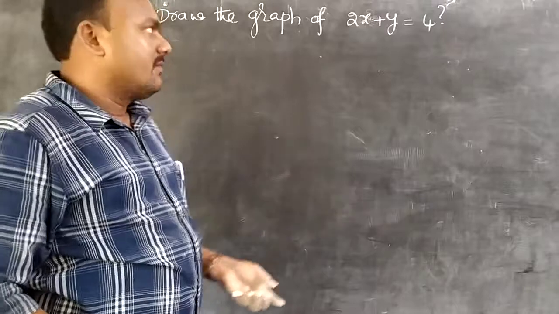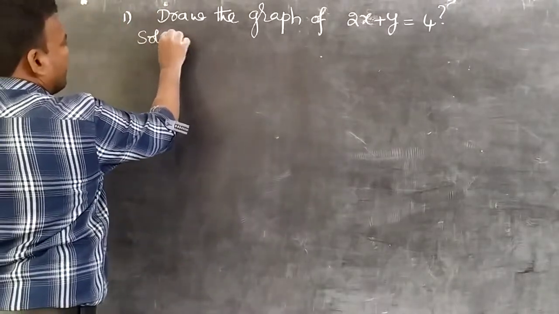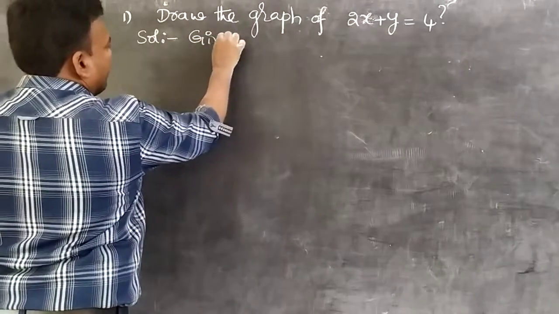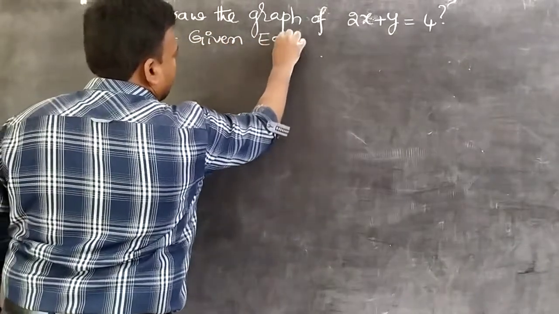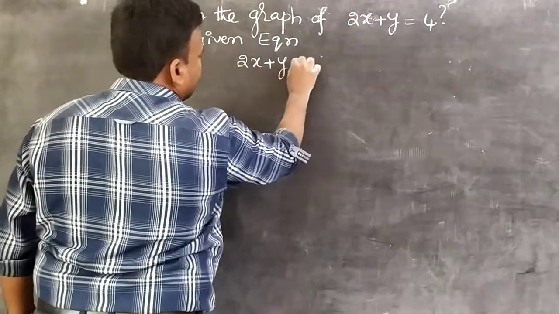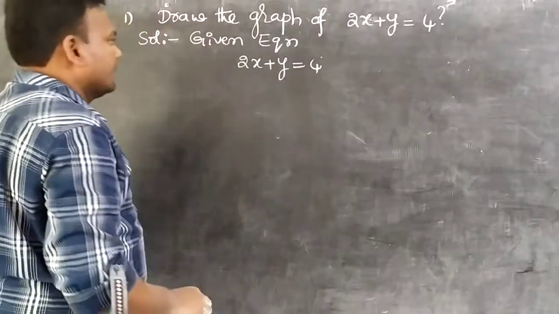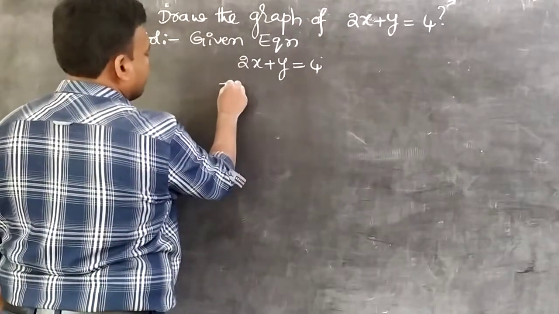We draw here only. First of all, observe how to approach the solution. The given equation is 2x plus y equals 4. Next, the table of solutions.